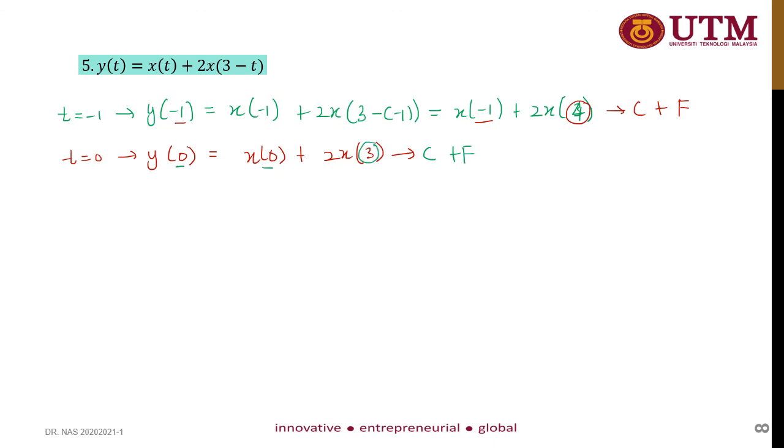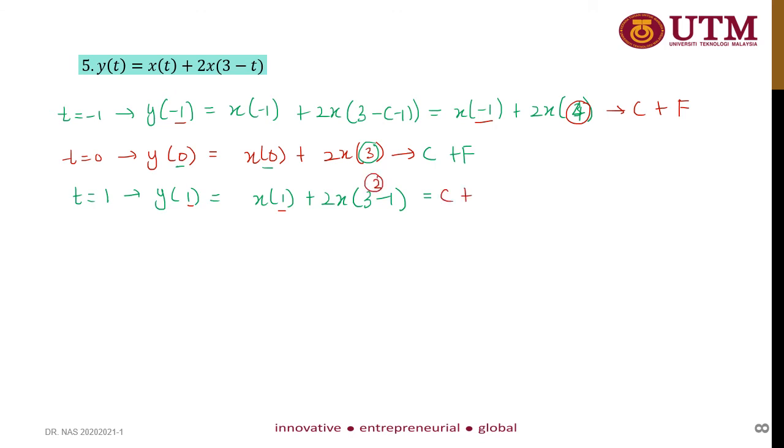Okay, so let's try the third, t equal to 1. So y(1) equal to x(1) plus 2x(3 minus 1). So here you get current state is 1, and you have 3 minus 1 is 2. So you have future values.